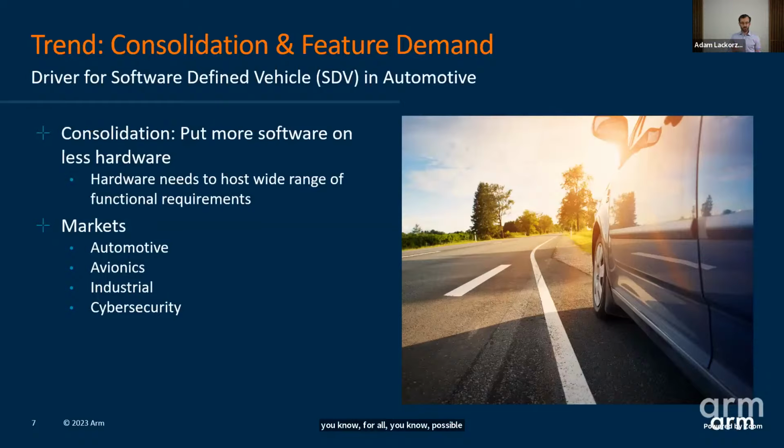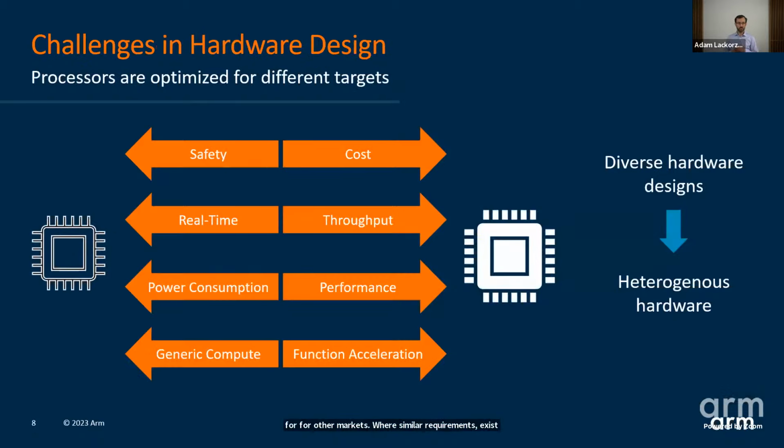All right, so let's look a little bit into what kind of hardware challenges there are when building hardware for specific requirements. For example, when we look at safety, from a hardware perspective there are processors being built specifically for safety, which have additional functionality to fulfill the safety requirements, and there are processors which are not suitable for safety.